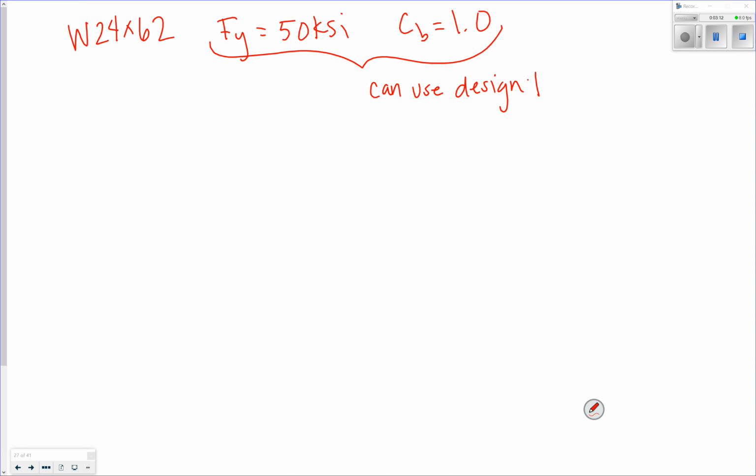Actually, I think if the Cb was not equal to 1, we could use the design tables because it's built in there in the equation. So, actually, I'm lying right now. And an unbraced length of 8 feet.